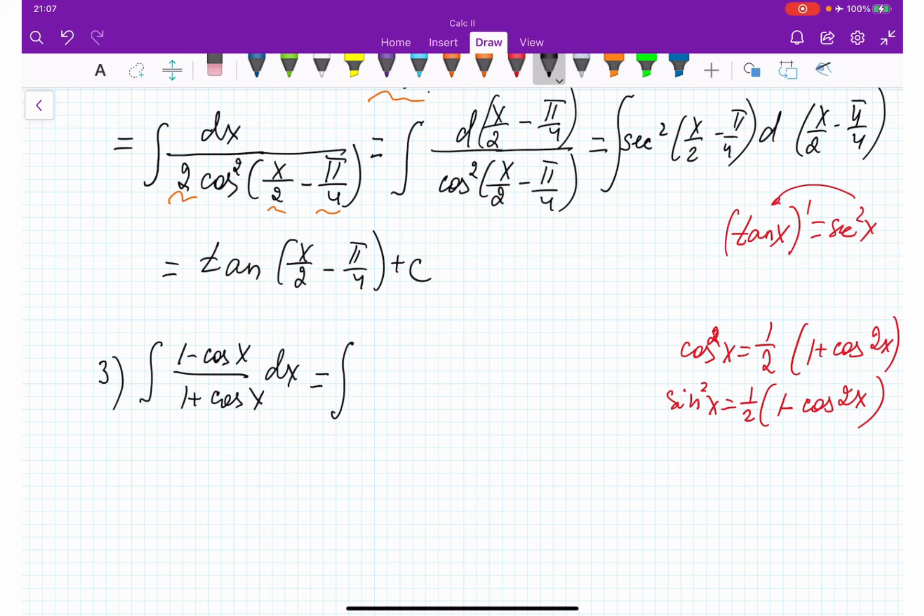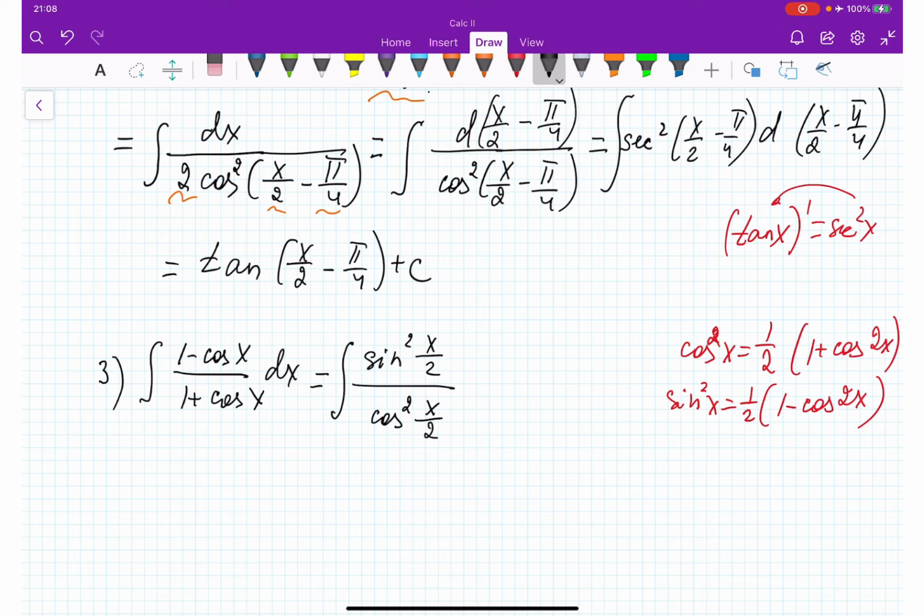1 minus cosine x is going to be sine squared of half of x, right? And in the denominator I will have cosine squared of half of x. Yes?